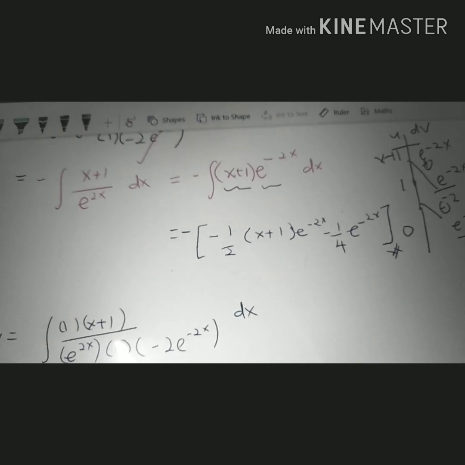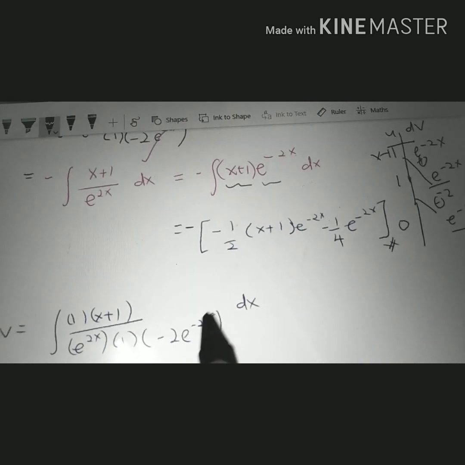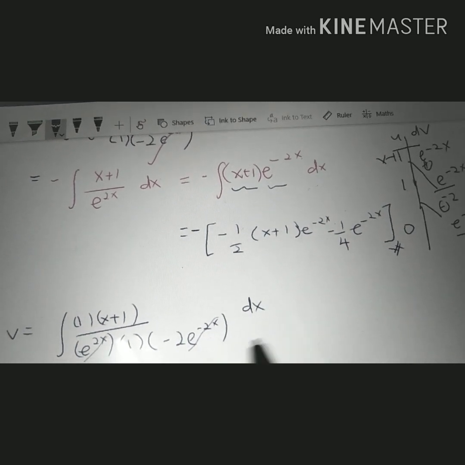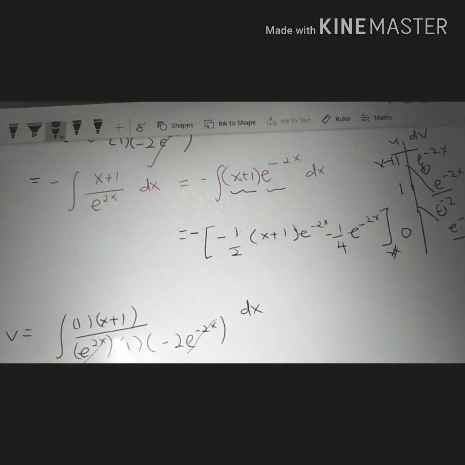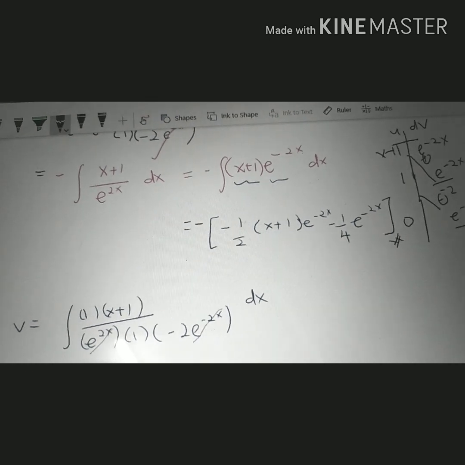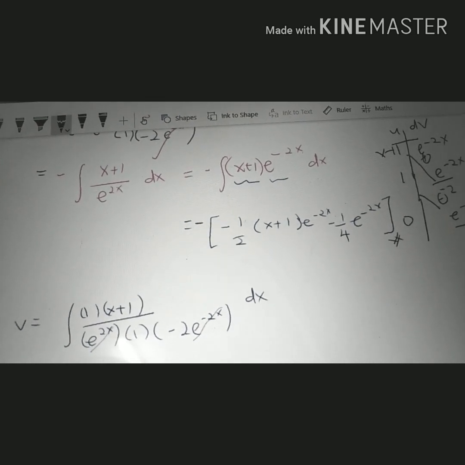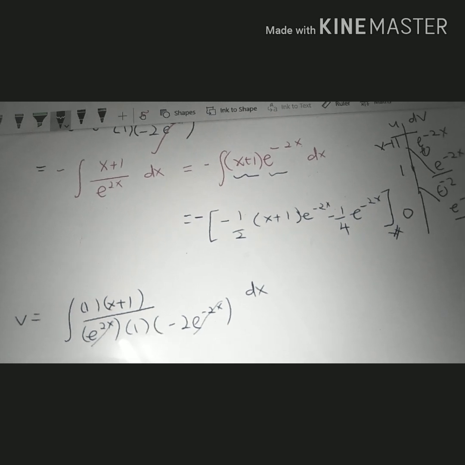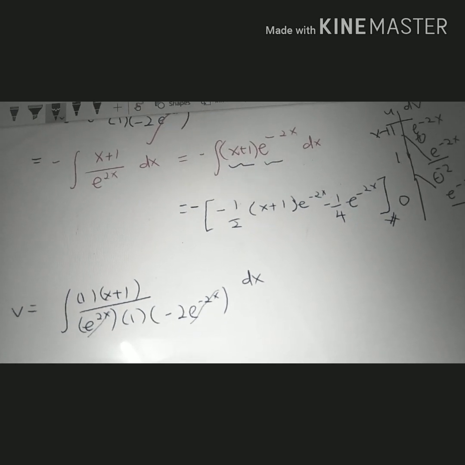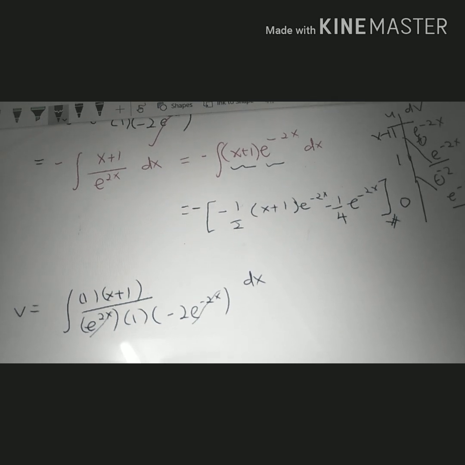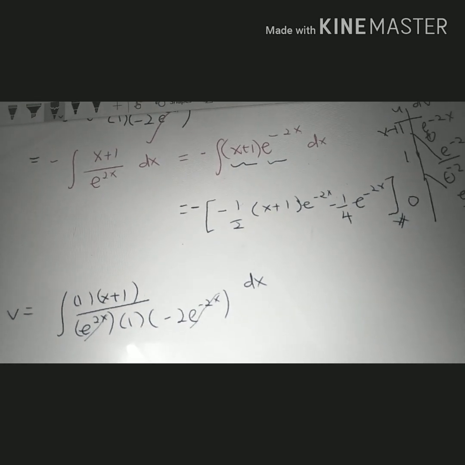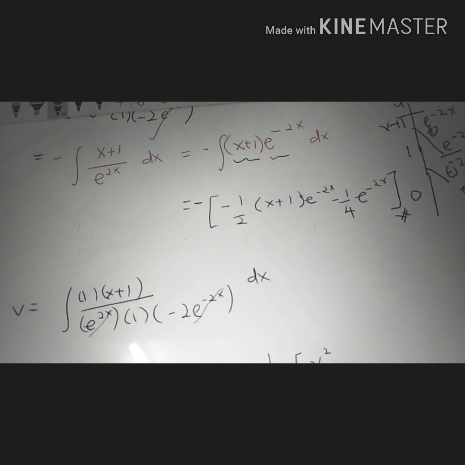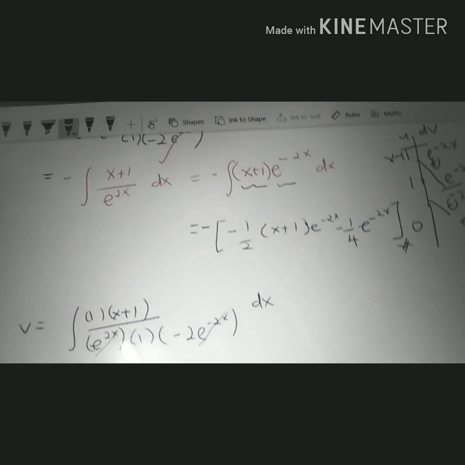So when you multiply this one, you have e to the 0, and e to the 0 is 1. So this one is negative half; 1 over negative 2 is negative half. So you have the integral of (x plus 1) dx.